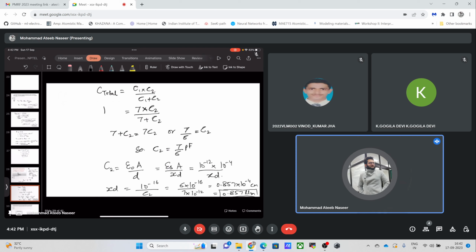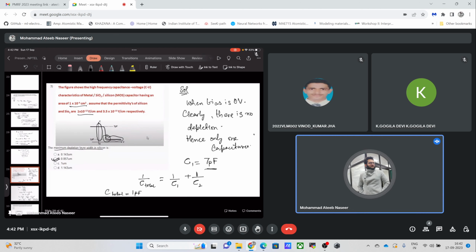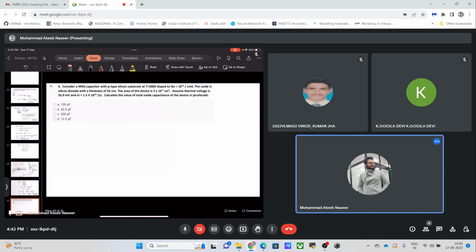We had the series combination of the oxide capacitance and the depletion capacitance, and by solving this series combination we got the value of xt to be 0.857. So 0.857 is the correct option.